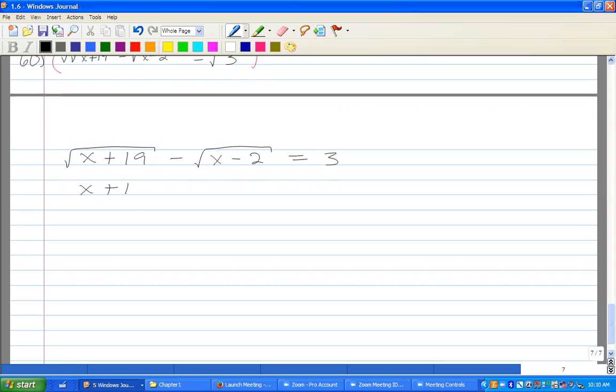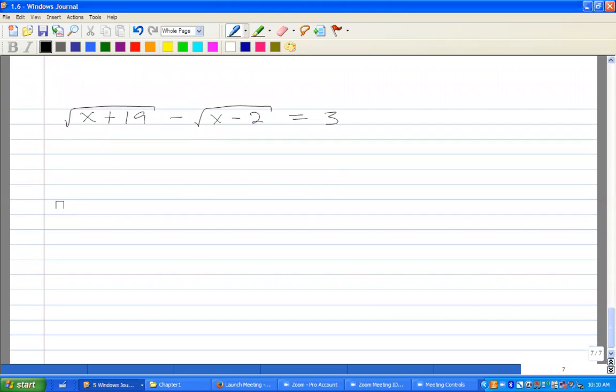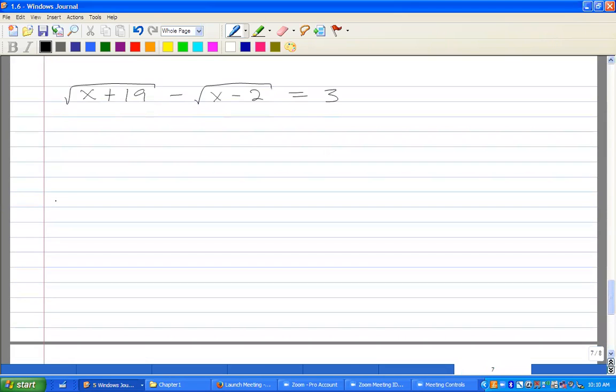So the radical x plus 19 is equal to 3 plus the radical x minus 2.